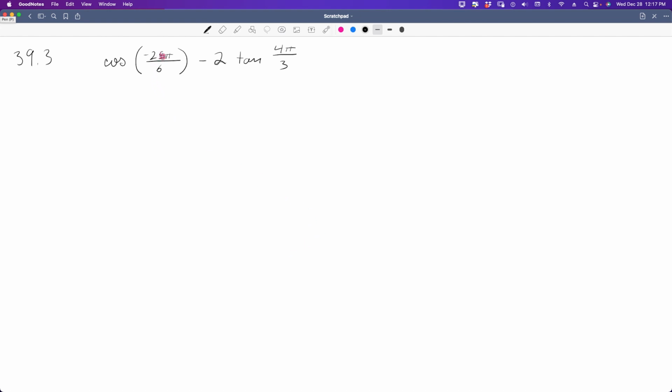So when we put in 25, this is going to be cosine of negative 25 times 180 degrees over 6 minus 2 times the tangent of 4 times 180 degrees over 3. This calculation becomes the cosine of negative 750 degrees minus 2 times the tangent of 240 degrees.